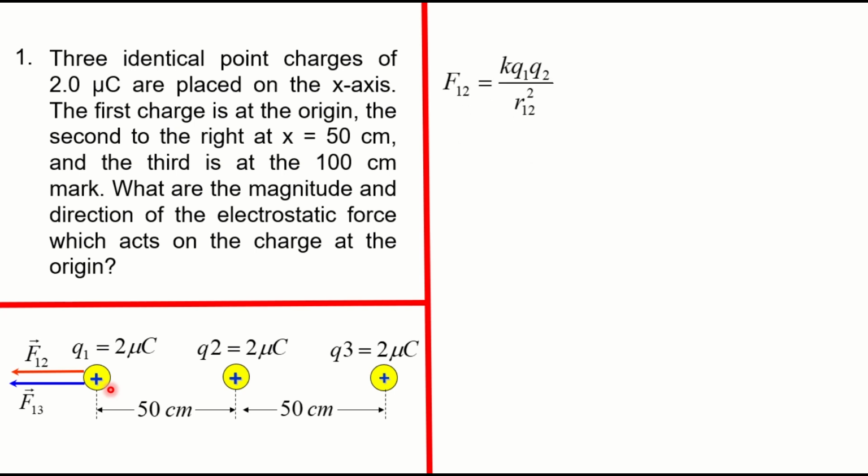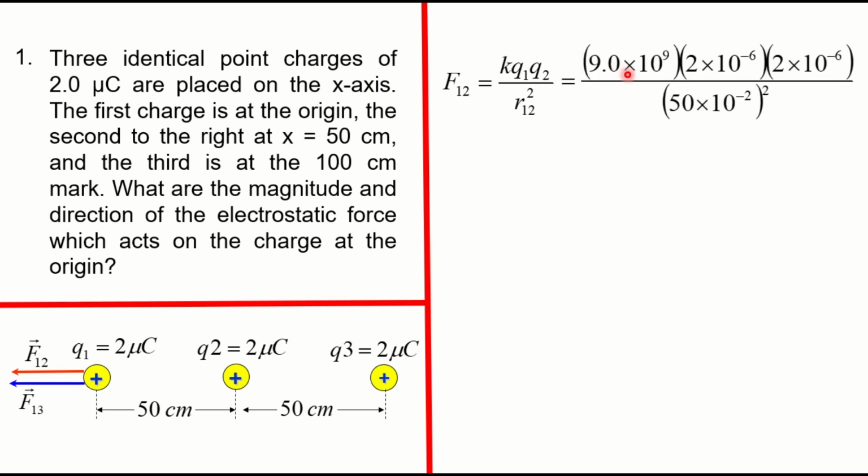To calculate electrostatic force, we can use this formula where K is the constant, 9.0 times 10 to the power of 9. Q1 is charge 1 and Q2 is charge 2. Since charge 1 and charge 2 are identical, they have the same magnitude, so we substitute the value 2 times 10 to the power of negative 6 for Q1 and Q2.